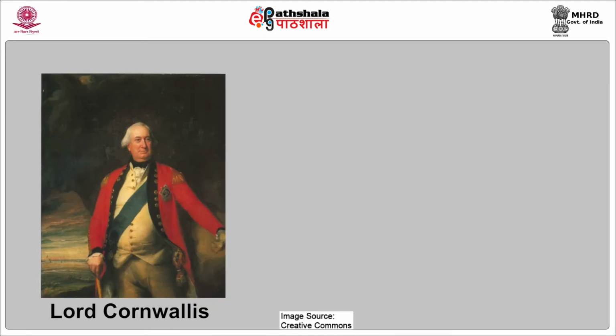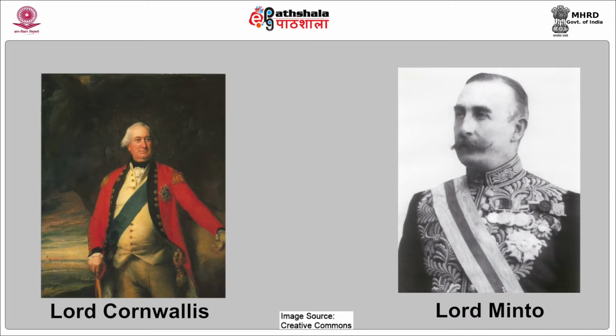After Wellesley, Lord Cornwallis was given the charge, followed by Lord Barlow and then by Lord Minto. The regulation on the press remained the same during that time. However, when Hastings took over as the Governor General of Bengal from Minto in 1813, he introduced his own set of regulations.